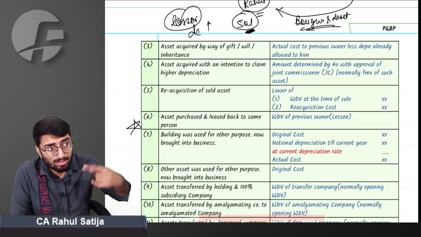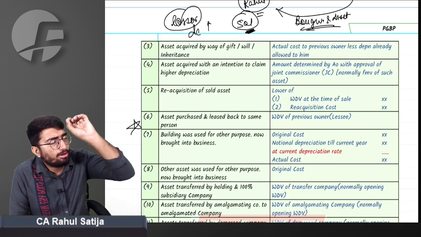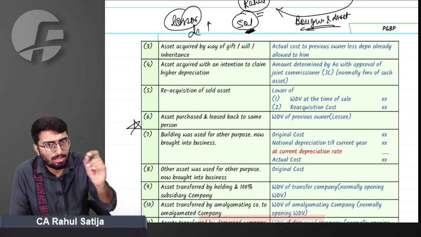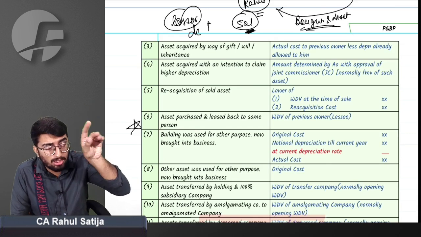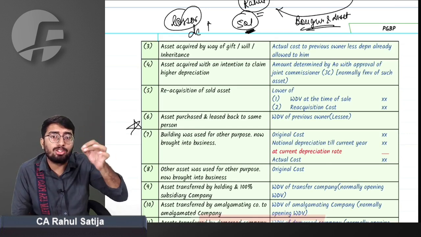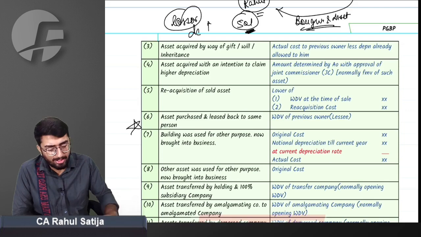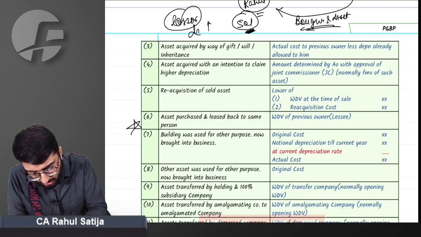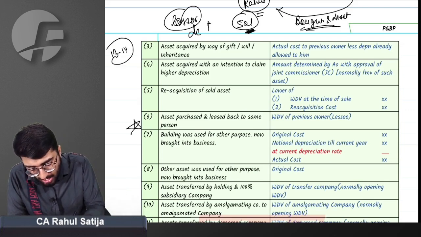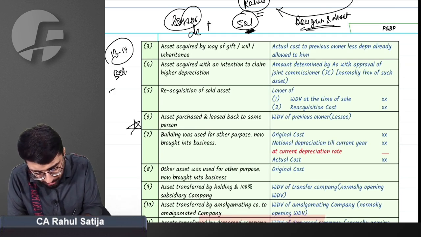The right answer is, take the original cost of acquisition in whatever year it was bought, and reduce the notional depreciation as if depreciation were allowed on this building. For example, this building was bought in previous year 13-14 for 50 lakh rupees. Reduce depreciation per annum.